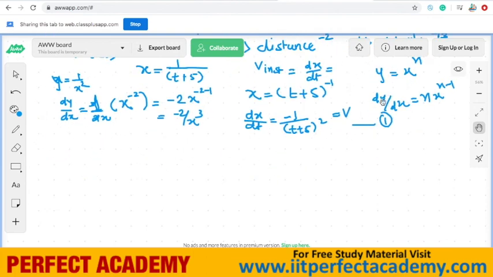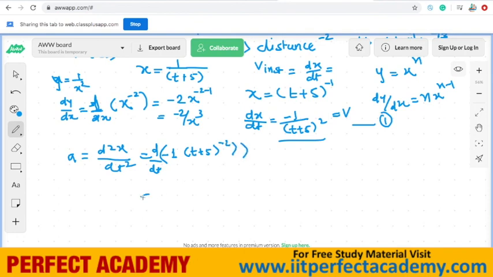Now what am I looking for? I am looking for acceleration, right? So I know acceleration is equal to d square x by dt square, or dv by dt. So I have to differentiate this one more time. It is d by dt of minus 1 into (t plus 5) to the power minus 2, right?